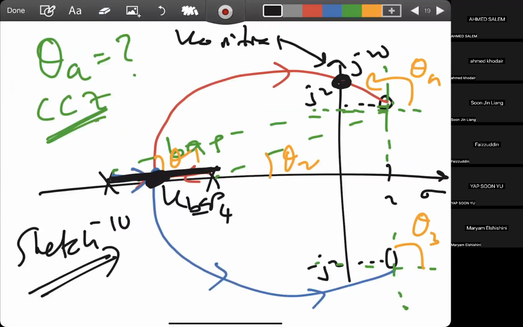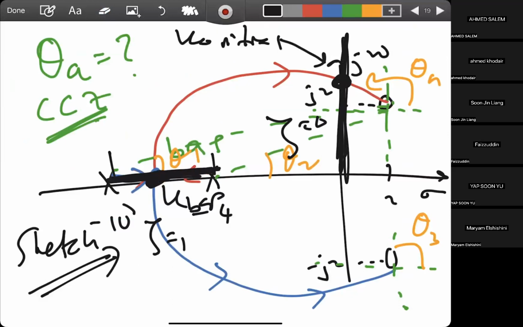Because over here is zeta equal to 0, and on this part is zeta equal to 1. So the gain will be from here to here. We can take this number, minus 10 and minus 4, and insert inside the gain formula.